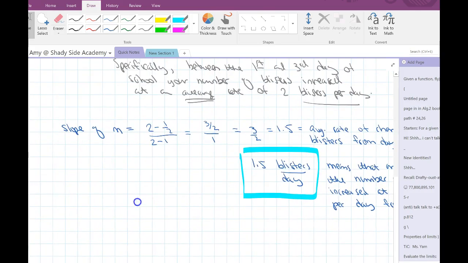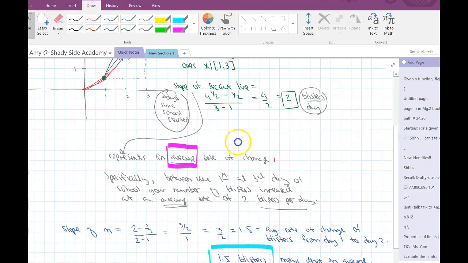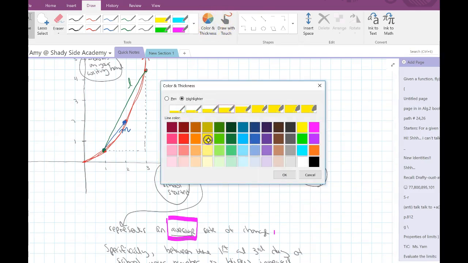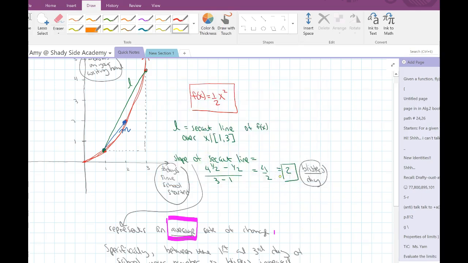All right, now let's go back here and do this. In this drawing, come over here and call this distance H. Let's call the distance between x equals 1 and x equals 2 H. This distance H also could have been here, from x equals 1 to x equals 3.